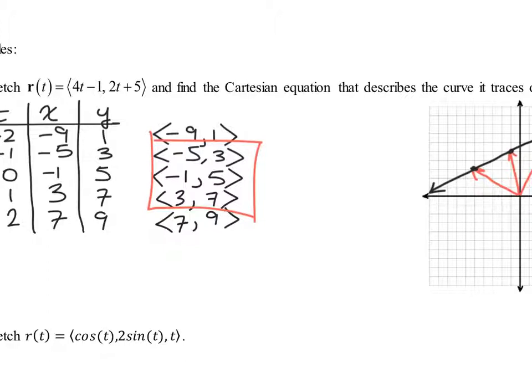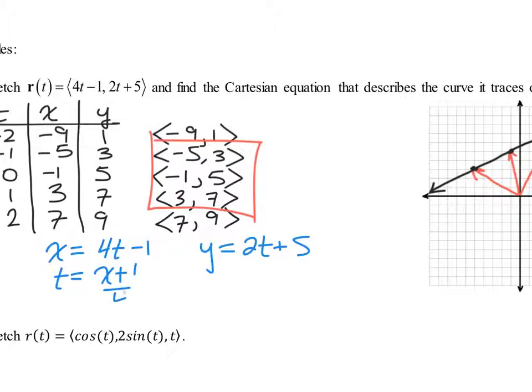So you have x equals 4t minus 1, y equals 2t plus 5. All right, so t would be equal to (x plus 1) over 4. So y equals 2 times (x plus 1) over 4.